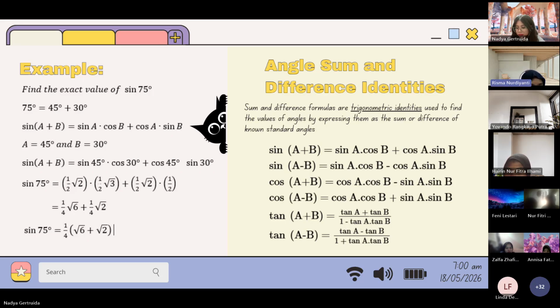Therefore, the value of sine of 75 degrees equals a quarter times (the square root of 6 plus the square root of 2).